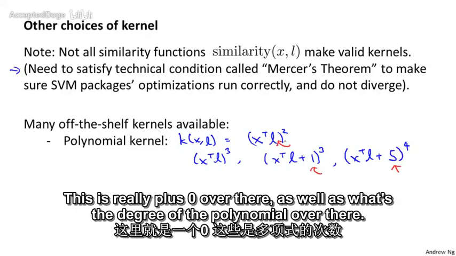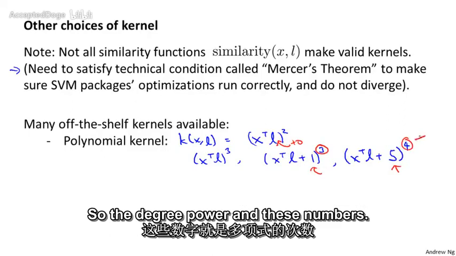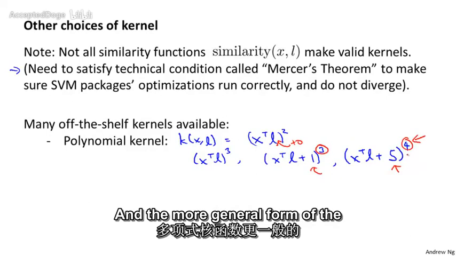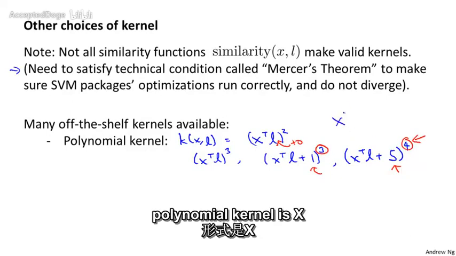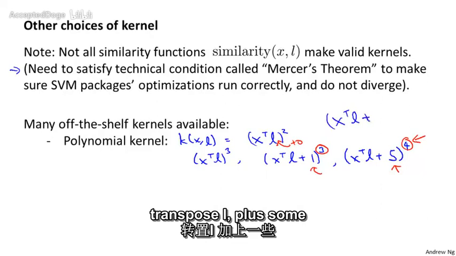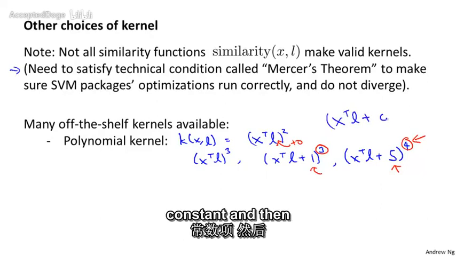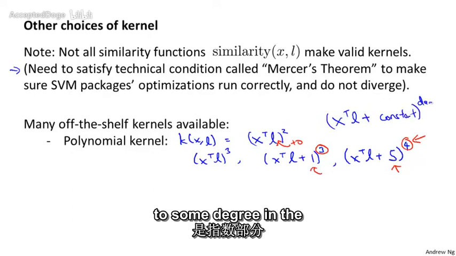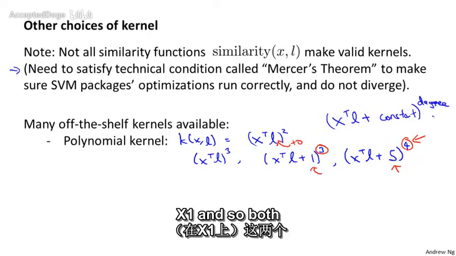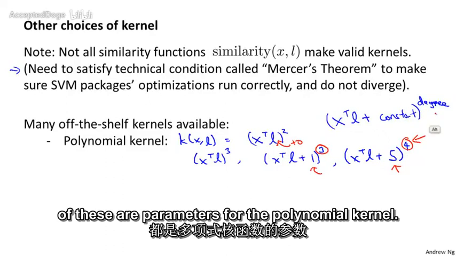As well as what's the degree of the polynomial. So the degree, the power, and this number. So the more general form of the polynomial kernel is x transpose L plus some constant, and then to some degree in the exponent. And so both of these are parameters for the polynomial kernel.